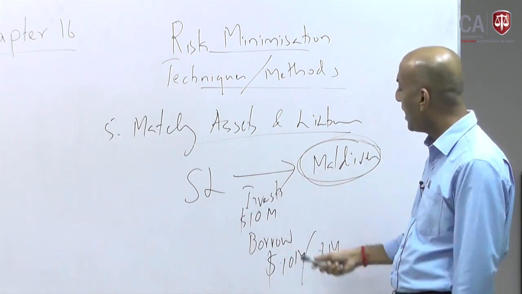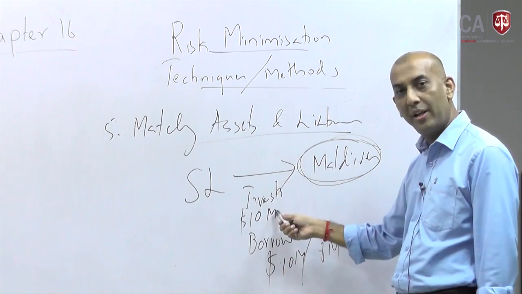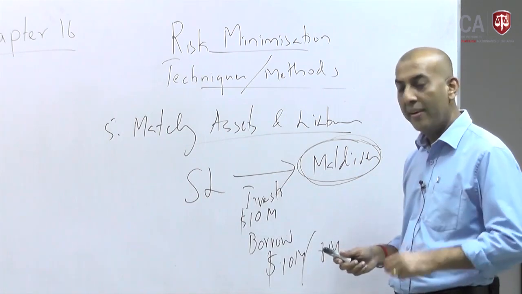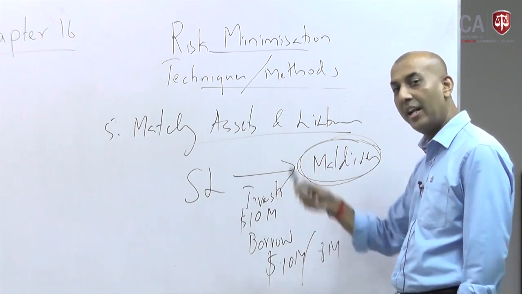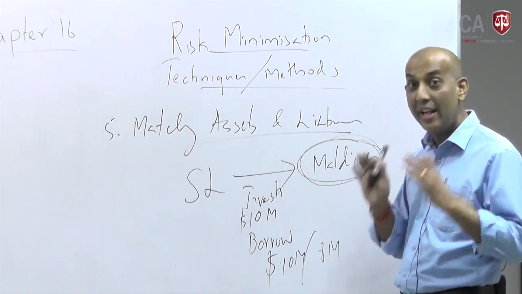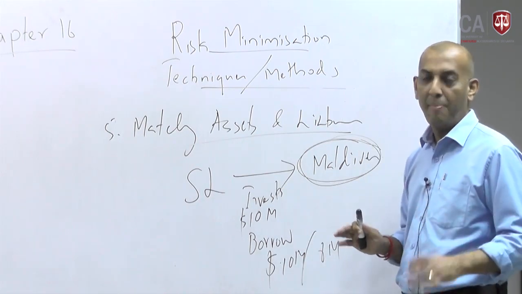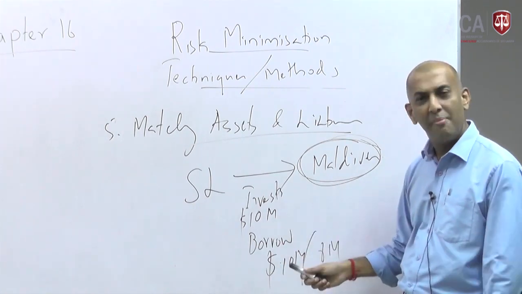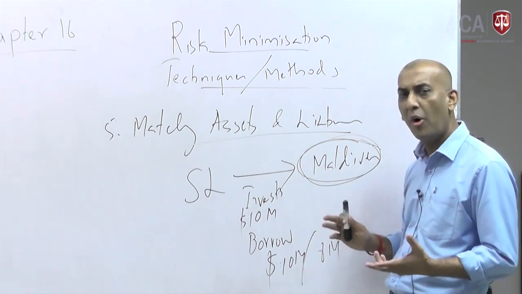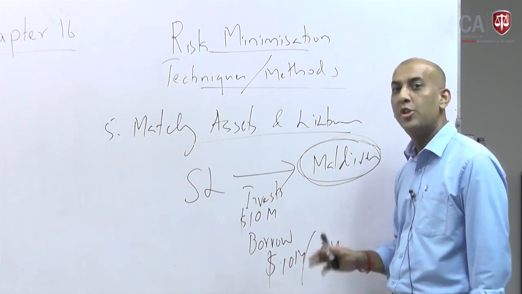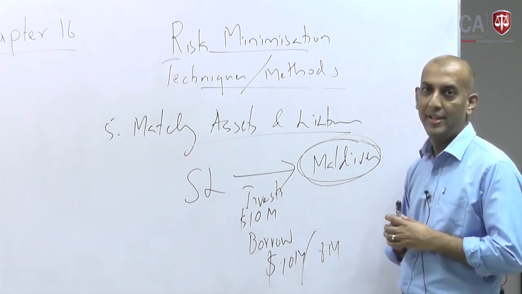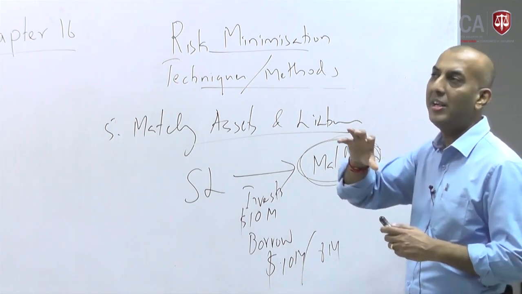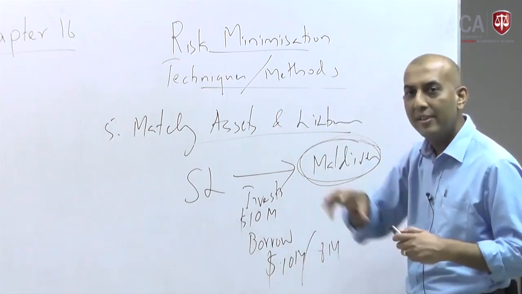So you need to understand that for any foreign currency asset investment, if you can borrow in the same currency and invest, your exchange rate risk is minimized. Practically you may not be able to borrow in the same currency for the same amount, but you would do some portion of your borrowing in the same currency so that your exchange rate risk is lower. Because you are investing in Maldives for what?